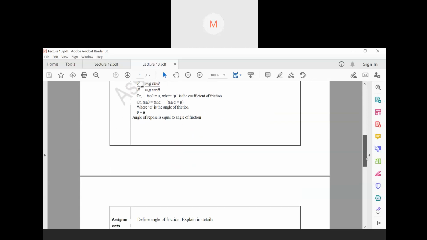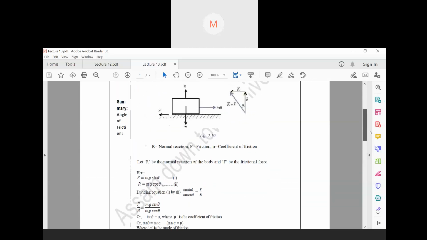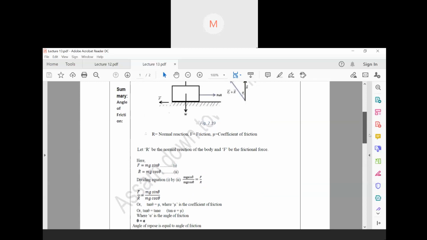Now, let R be the normal reaction and F be the frictional force. R is here, the normal reaction, and F is the frictional force. Therefore, F is equal to mg sin theta and R is equal to mg cos theta. Can you tell me why?